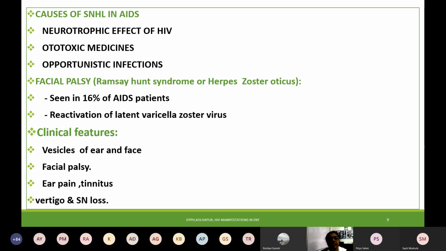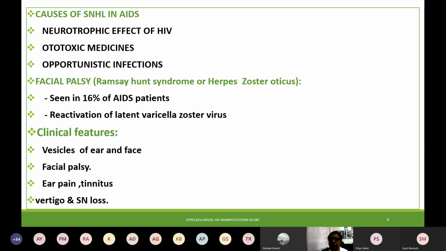Causes of SNHL in AIDS: opportunistic infections, ototoxic medicines, and the neurotrophic effect of HIV. You can even see facial nerve palsy, that is Ramsay Hunt syndrome, or herpes zoster oticus, seen in 16% of AIDS patients. Reactivation of latent varicella zoster virus is seen.